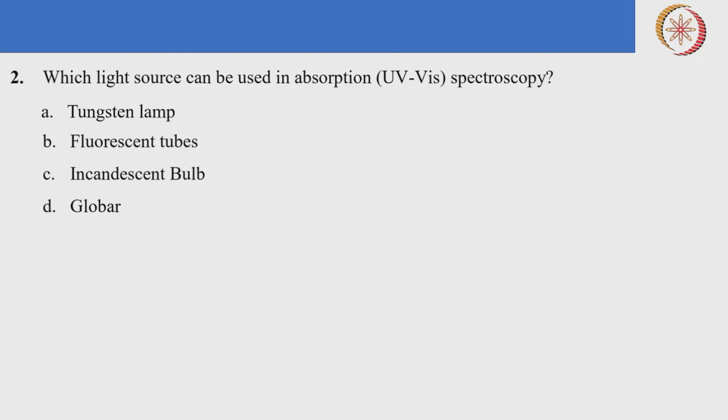Okay, so the next question: which light source can be used in absorbance UV visible spectroscopy? Tungsten lamp, fluorescent lamp tubes, incandescent bulb, or glower?